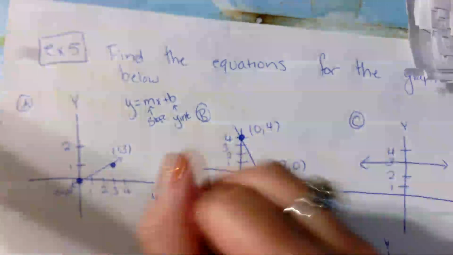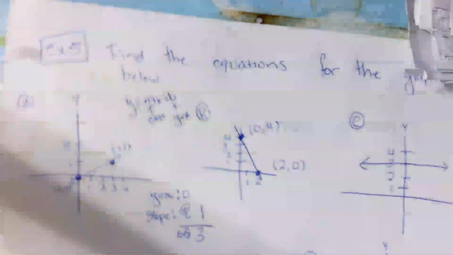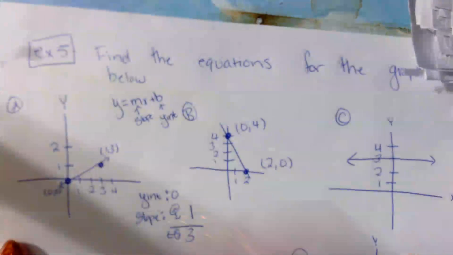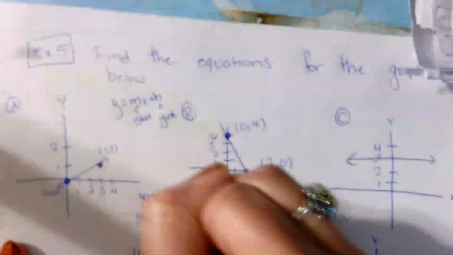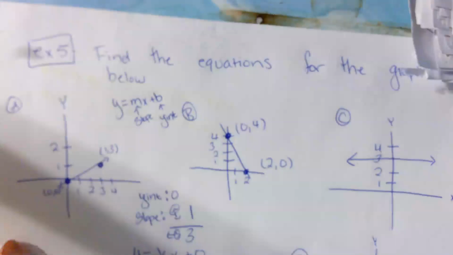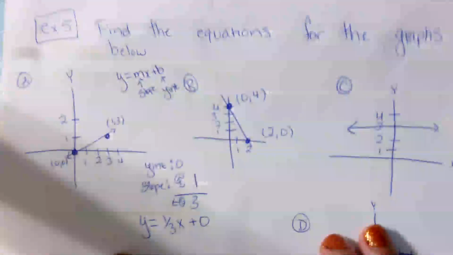And I went right 3, and that's positive, so I keep it positive. So my slope is positive 1/3. So then I write the equation, y equals 1/3 x plus 0. I replace m with my slope, and I replace b with my y-intercept.